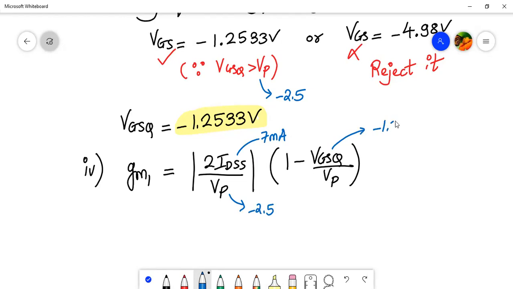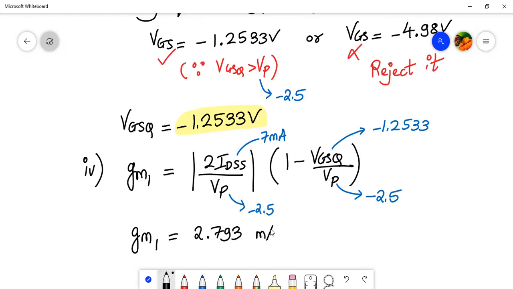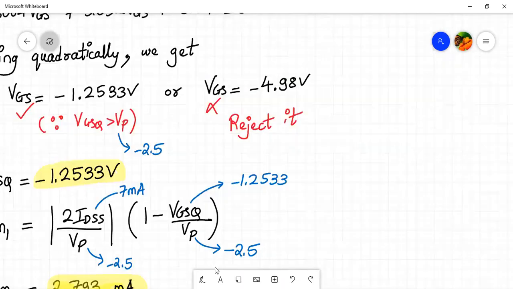VGS is minus 1.2533 and VP is minus 2.5. If you put the values into the calculator, you should get GM1 as 2.793 milliampere per volt. Let me highlight this value. We got the value of GM1, which will be helpful in calculation of voltage gain later on. Now let me proceed and write down the value of RO1.